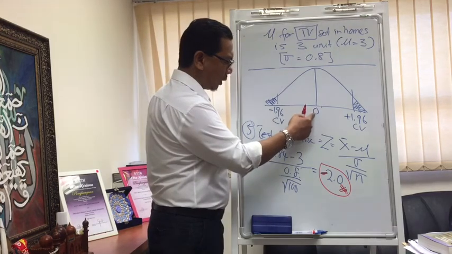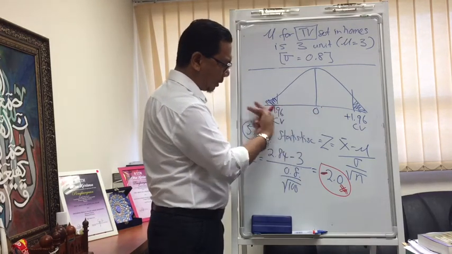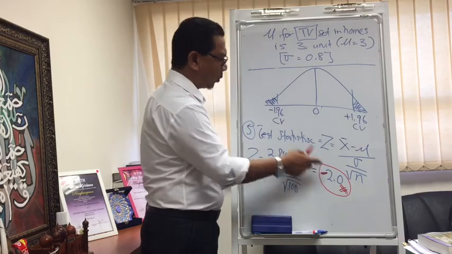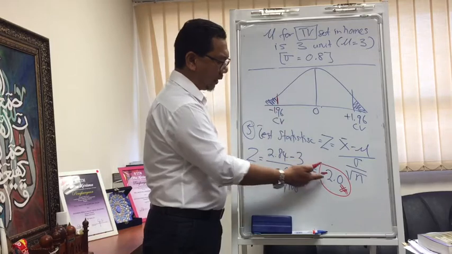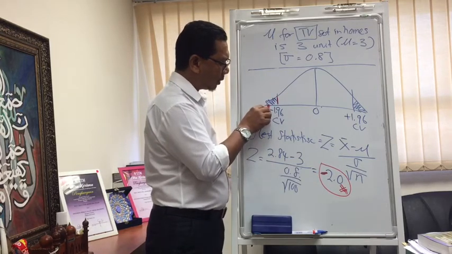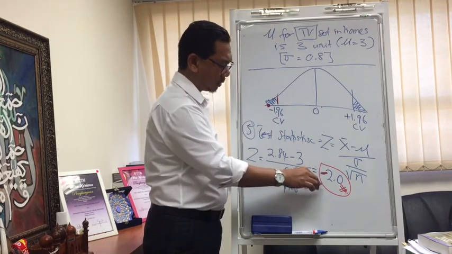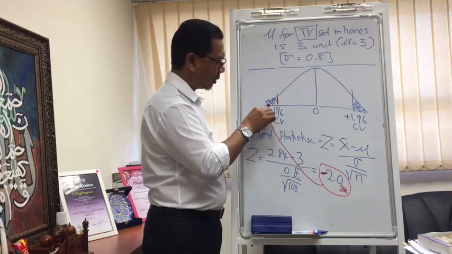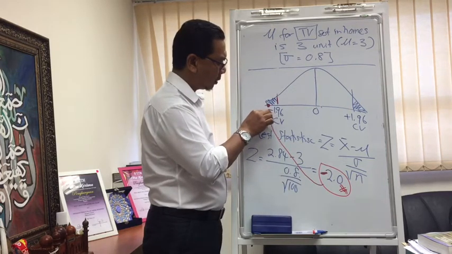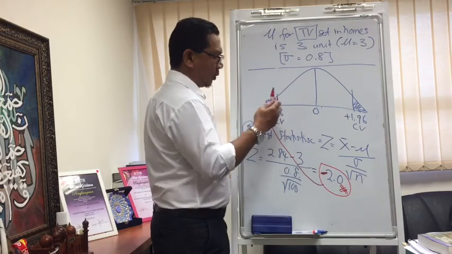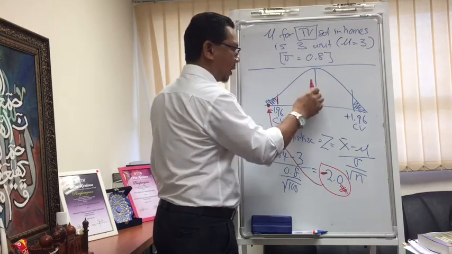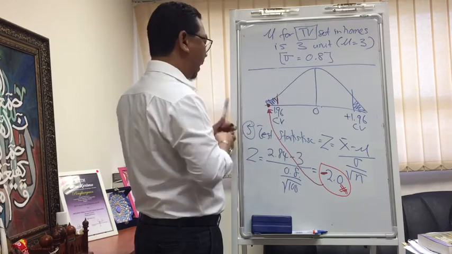Negative 2 will be somewhere here, beyond negative 1.96.